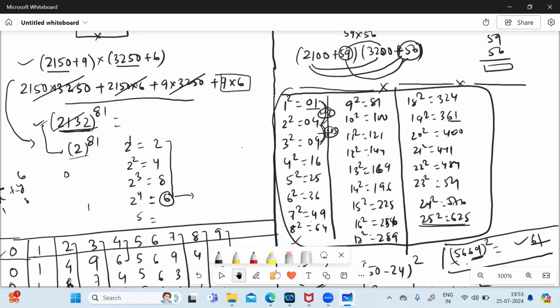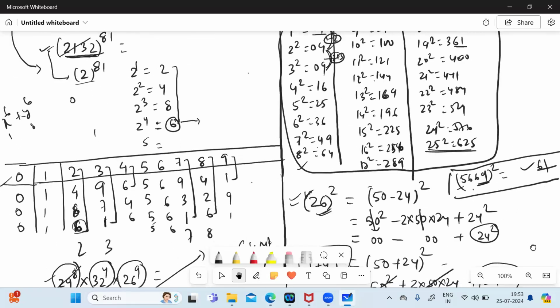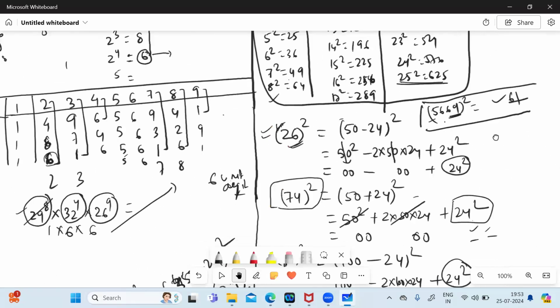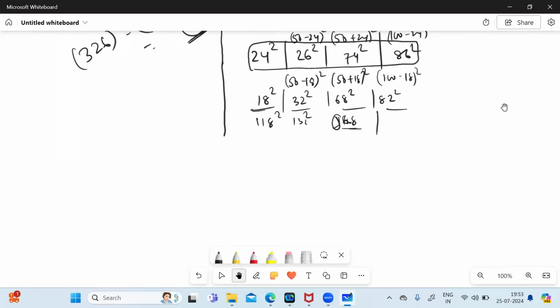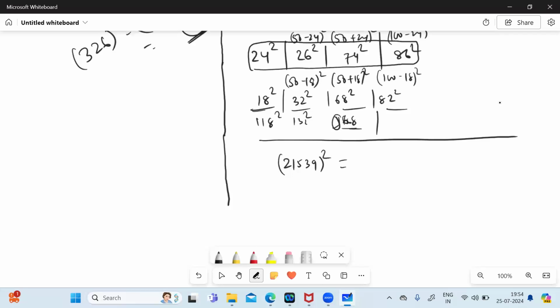Similarly, let me ask you another one. Is everyone getting this? Yes, sir. Very good. So similarly, if somebody is asking 21539 square, what will be the last two digits of this square?